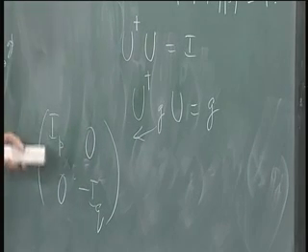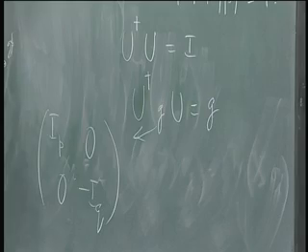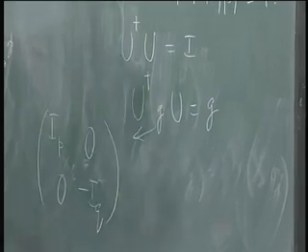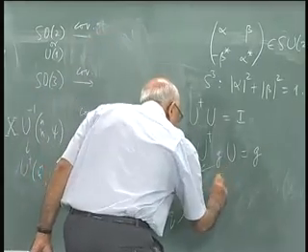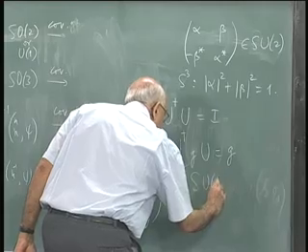This is the unit matrix and this is minus the unit matrix. Then I call the group of matrices satisfying this as belonging to SU(P,Q).